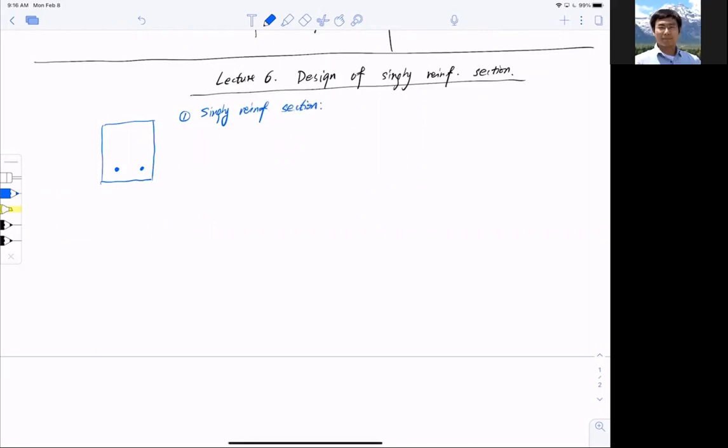And the step is that when you do analysis, first assume yield. That means the bar has yielded already, and that gives you an idea: the strain in the steel epsilon s is bigger than or equal to the yield strain epsilon y, and we assume that. From there we can use the tension T equal to As fy, which is the total tension force of the bar, and then get the compressive zone.